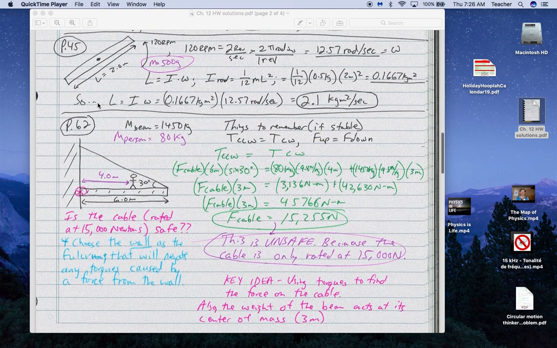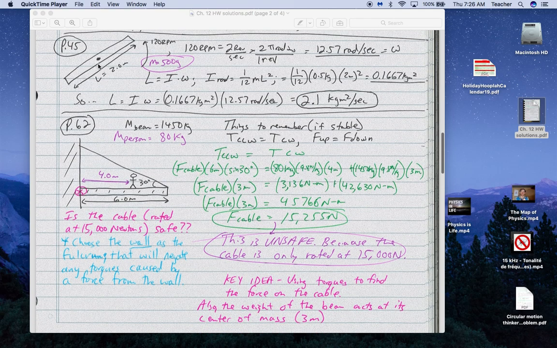At some point, the AP actually did a problem where they gave you that the moment of inertia of a rod rotated about its center axis is 1/12 ml squared, and then they asked you to figure out the formula for the rod rotated about its end.